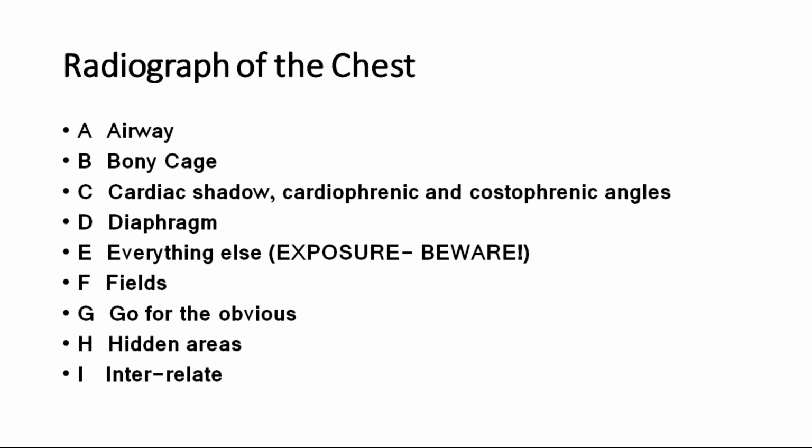G stands for go for the obvious. Suppose there is a big round shadow in the middle, obviously try to find out what it is. H is for the hidden areas. We'll talk about what the hidden areas are. I is interrelated. First combine all these things and then give your valuable opinion. This is roughly what we say, A to I.